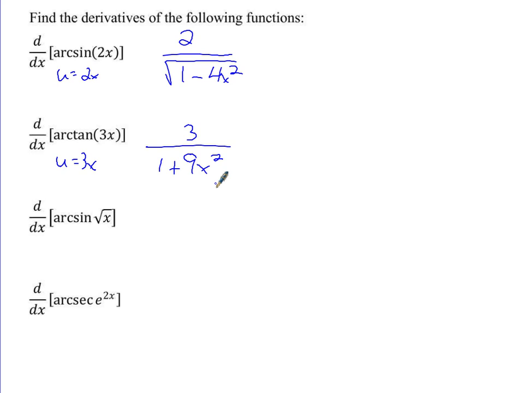Okay, the next one, arcsine square root x. Okay, so x to the 1/2. It might be smart to write down u prime in this one. U prime is this, and I'll go ahead and write it up top, even though we know we're going to have to do some simplifying with that negative exponent.